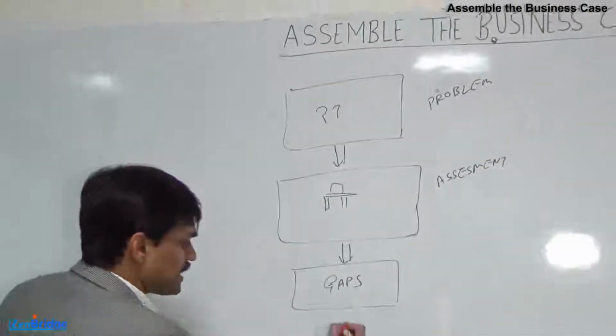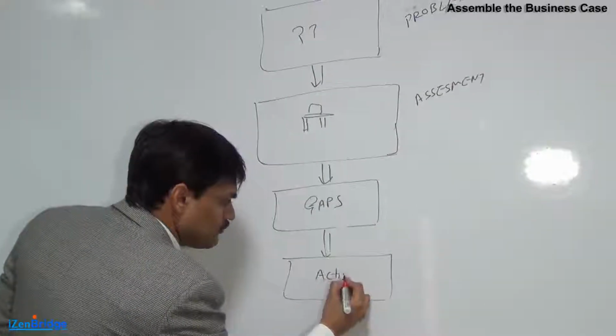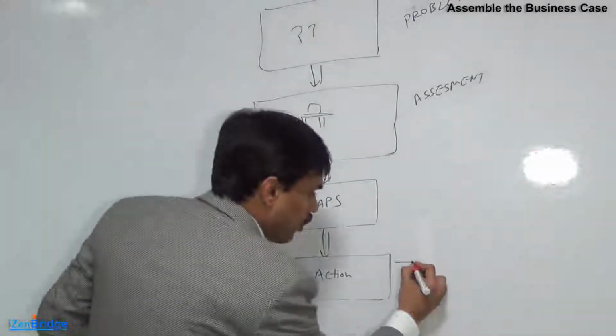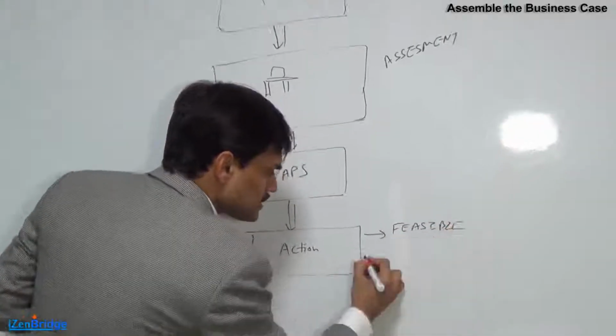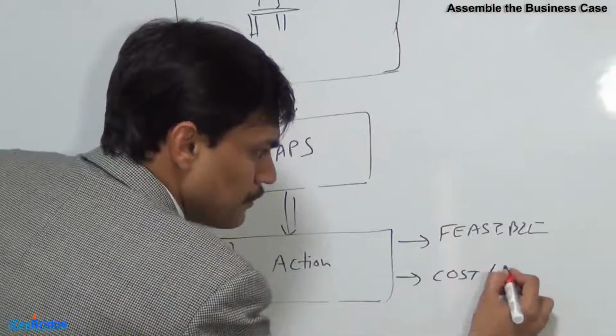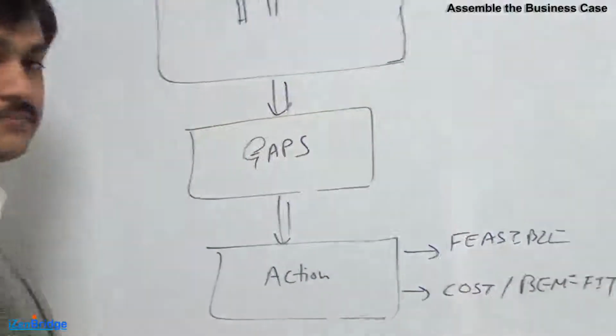So we went into the next step and we looked at actions, and then we evaluated those actions to see which is feasible, which one makes business sense, and the cost-benefit sense.